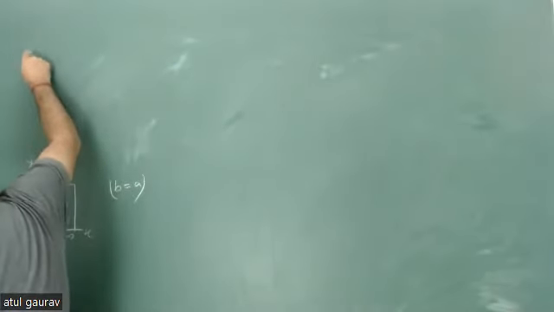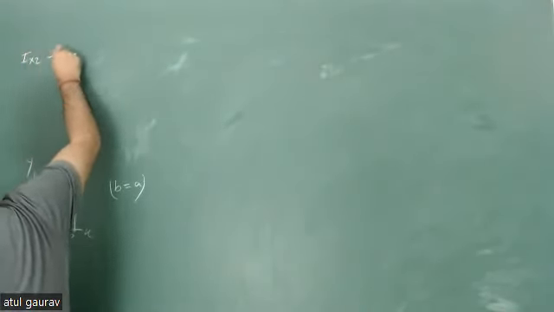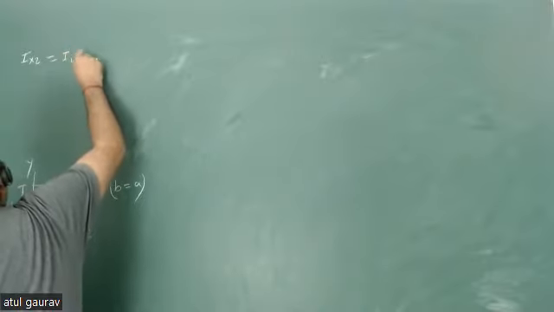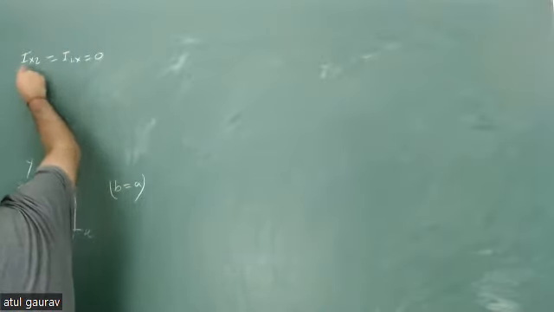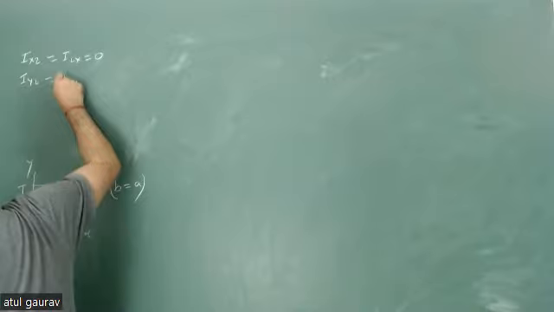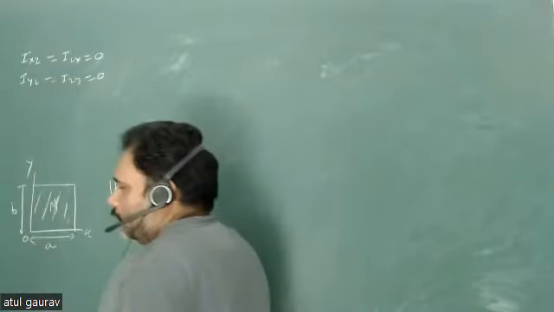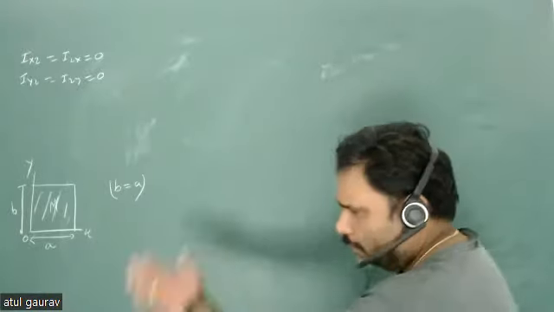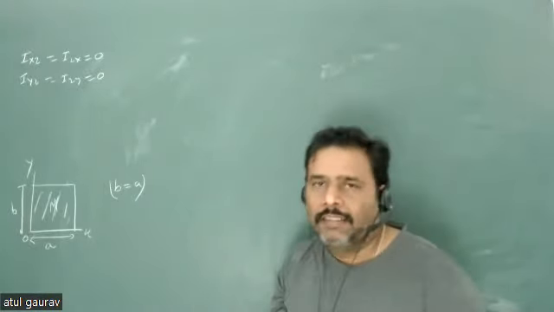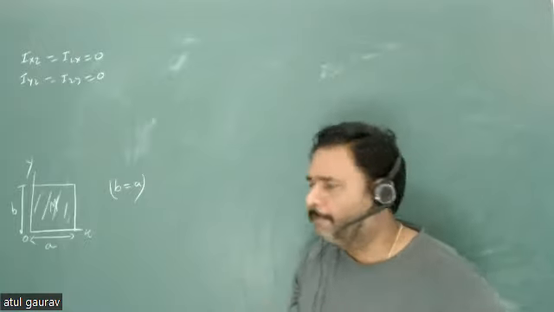Which term is going to 0? Ixz and Izx are equal to 0. Iyz is equal to Izy is equal to 0. Okay, that's it. So these four terms are 0 because the mass is distributed in a plane.